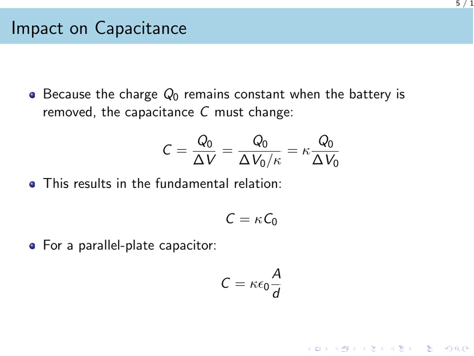This results in the fundamental relation that the new capacitance C equals kappa times the initial capacitance C0. For a standard parallel plate capacitor, this means the new capacitance equals kappa times the constant epsilon 0 times the plate area A, all divided by the separation distance d.